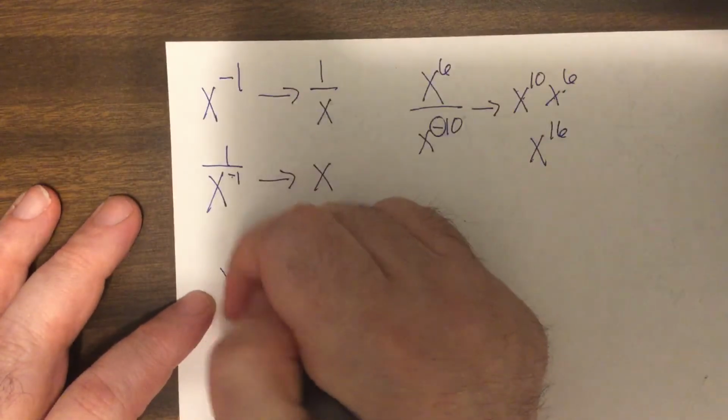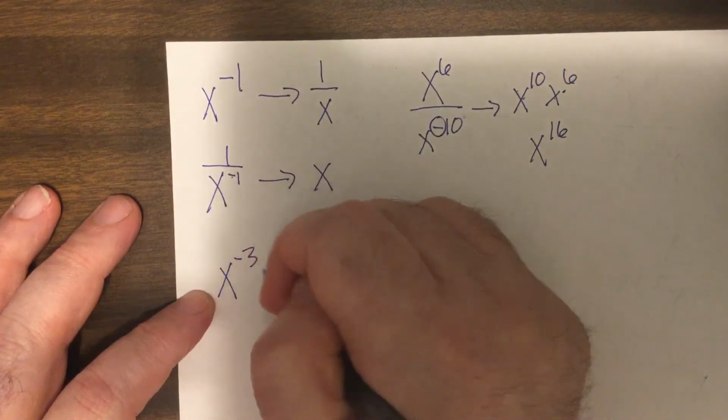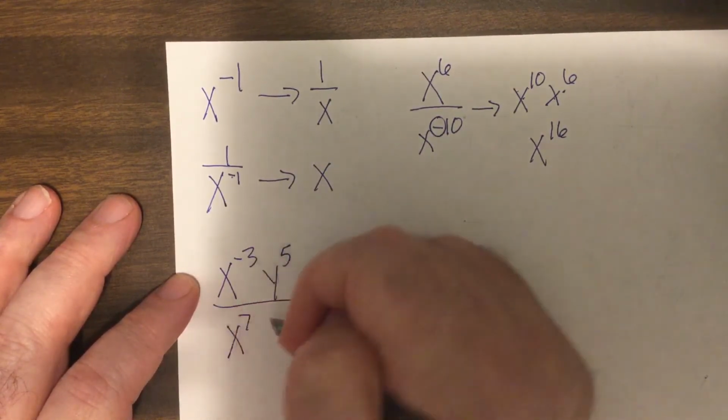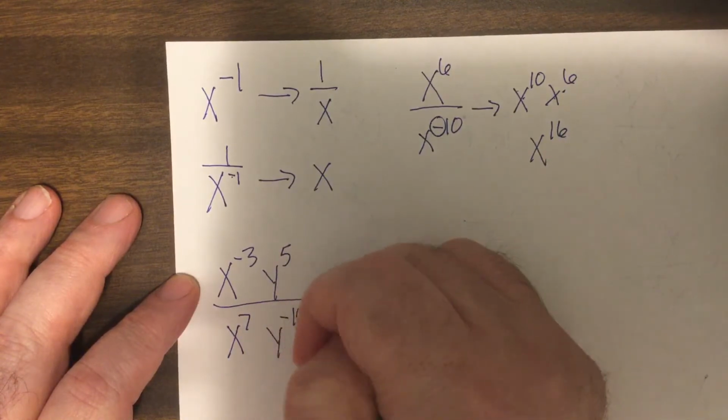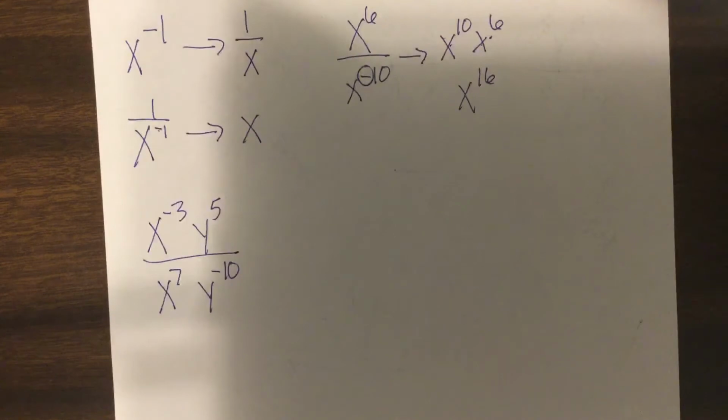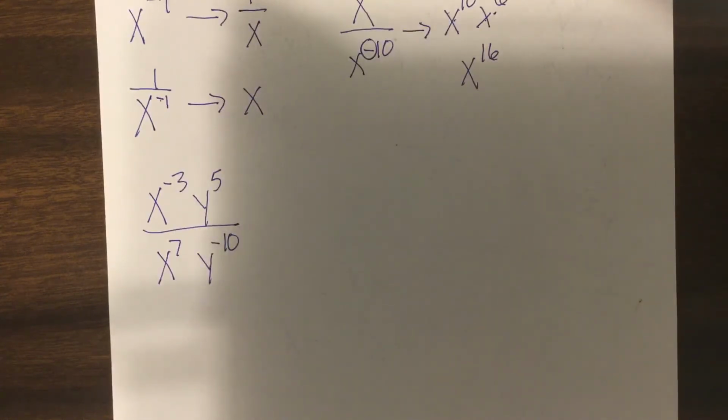So if I have x to the negative 3rd, y to the 5th, over x to the 7th times y to the negative 10th. Again, a lot of ways of doing this problem. But I'm going to move it, because I like to move it, move it. We like to move it, move it.